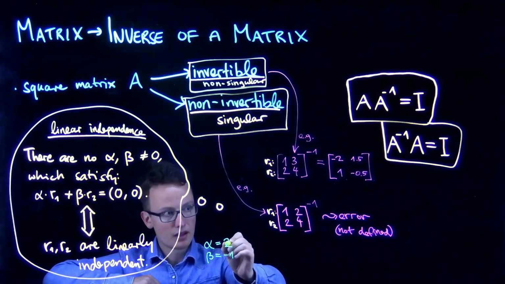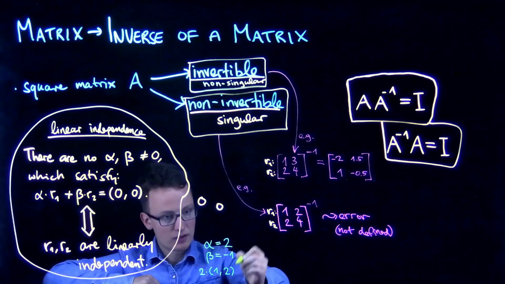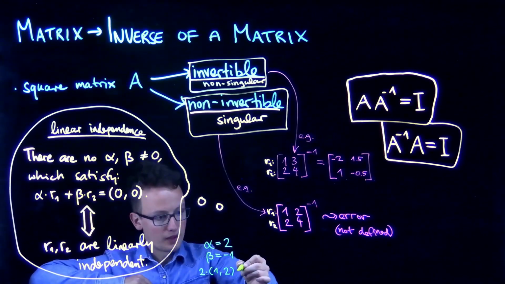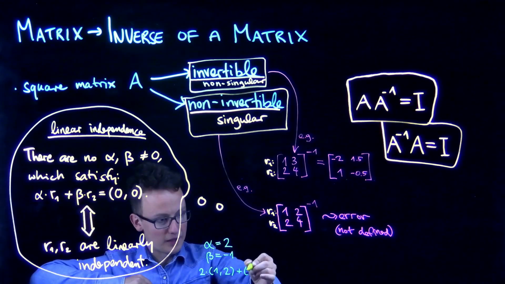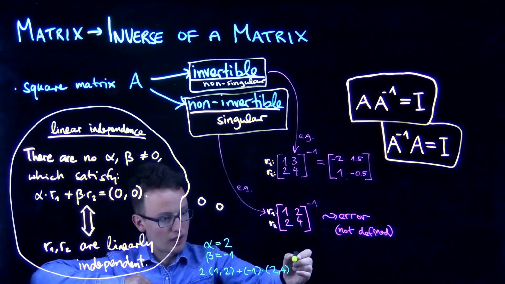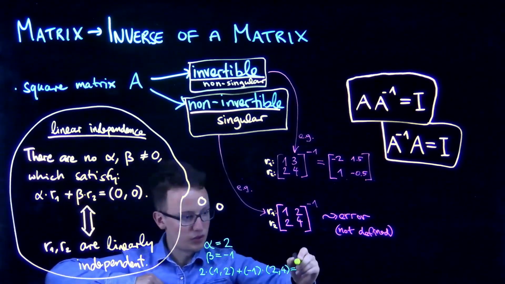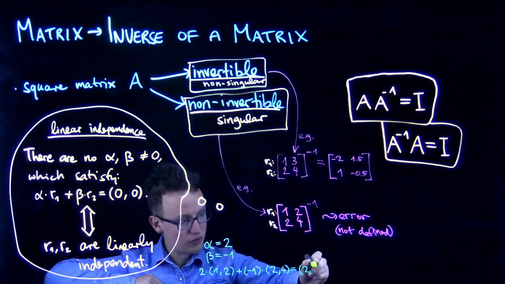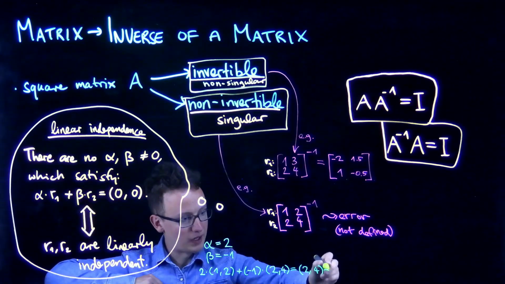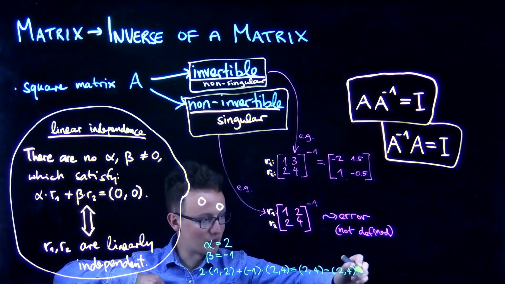It will be alpha, so 2 times row 1, 1, 2 as a vector, plus -1 times row 2, that will be 2, 4. And so this will be equal to 2, 4 minus 2, 4, and that is in fact equal to 0.